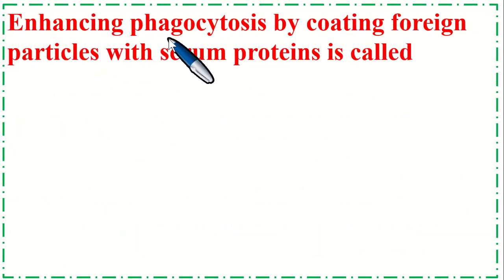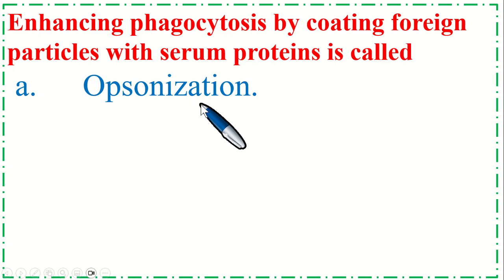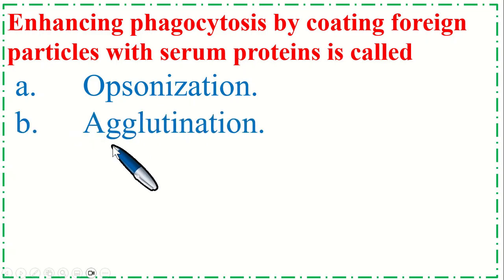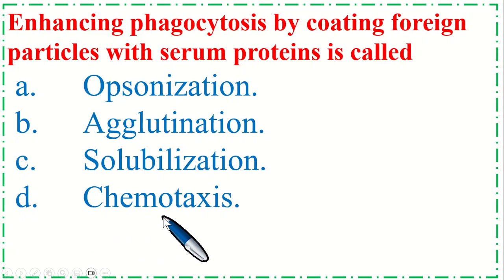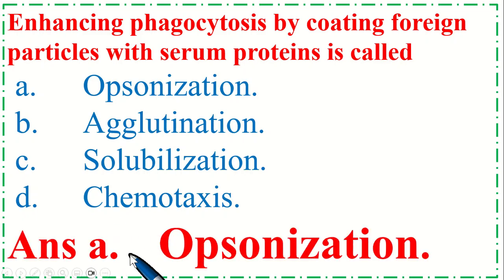Enhancing phagocytosis by coating foreign particles with serum proteins is called option A, opsonization. B, agglutination. C, solubilization. And option D, chemotaxis. So the correct option is A, opsonization.